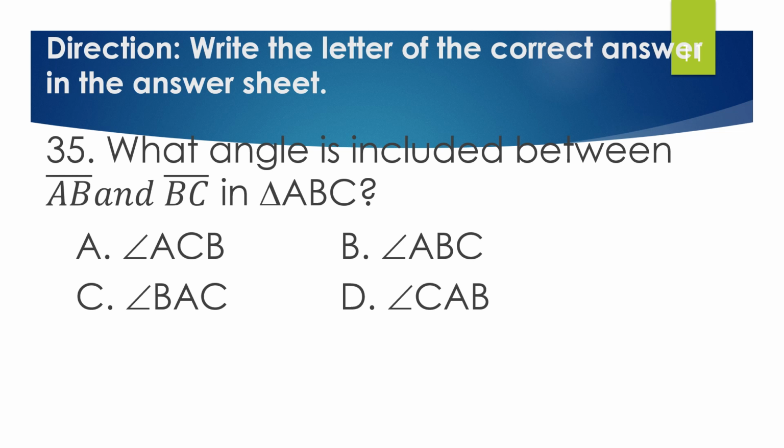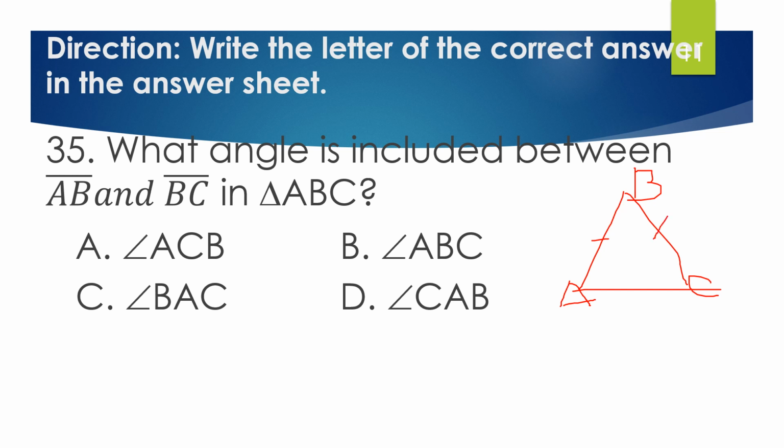We have here AB and AC, and then what is the included angle? If this is your drawing, we have AB and BC.